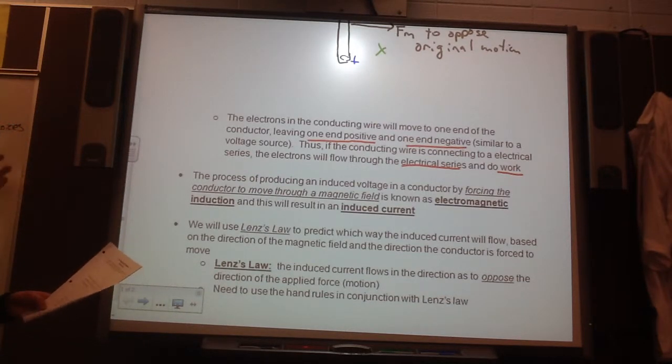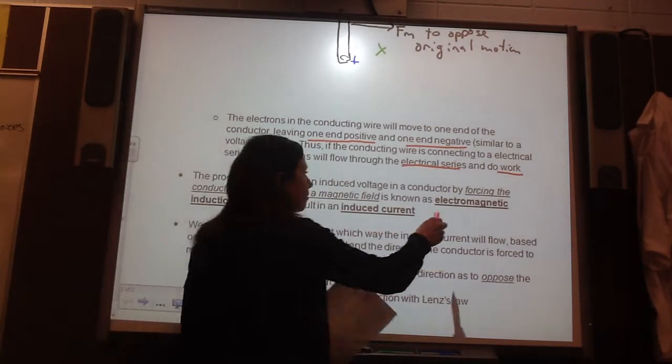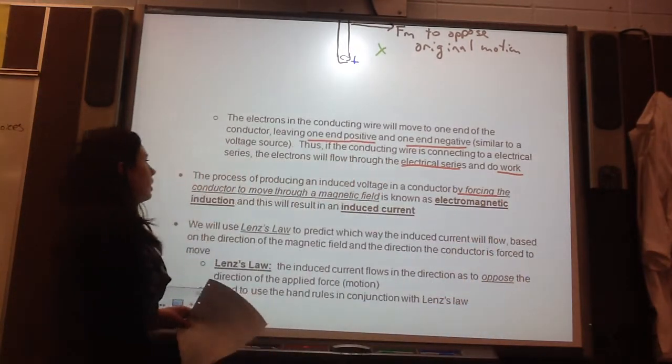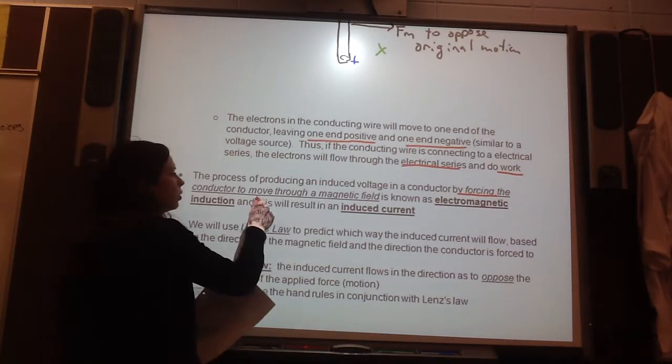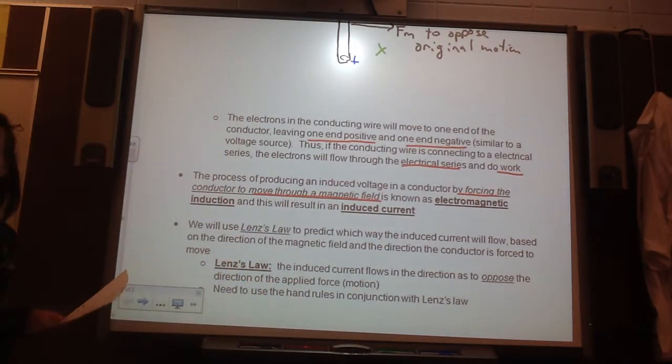Now, here's the bit about the forcing. The process of producing the induced voltage in a conductor by forcing the conductor to move through a magnetic field is known as electromagnetic induction. Am I going too fast? Sorry.